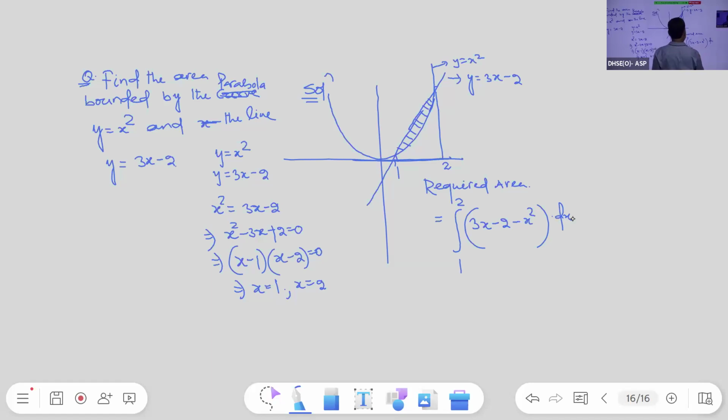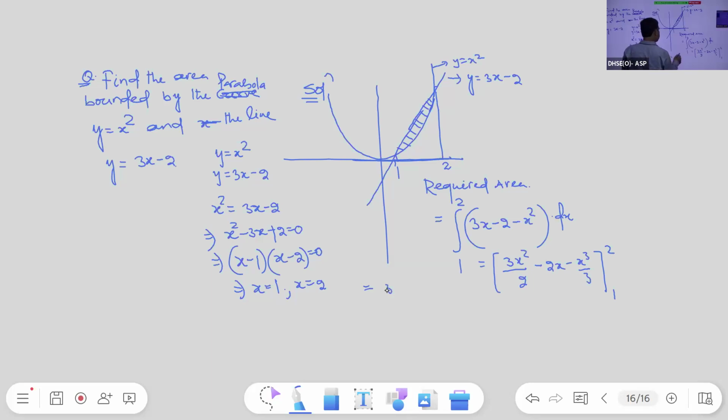This is equal to 3x square by 2 minus 2x minus x cube upon 3. The limit is 1 to 2.